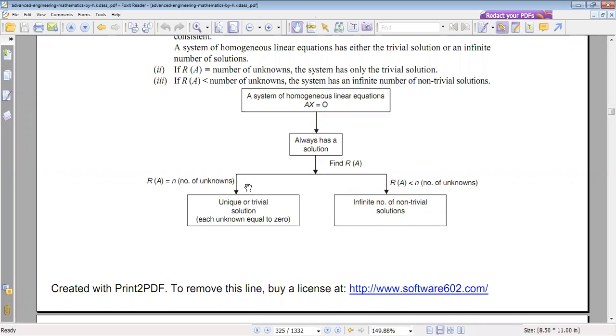So there are two cases. If the rank of A is equal to n, the number of unknowns, then it has the unique or trivial solution, that means each unknown is equal to 0. If the rank of A is less than n, the number of unknowns, then it has an infinite number of non-trivial solutions. So these are the only things in case of homogeneous linear equations.